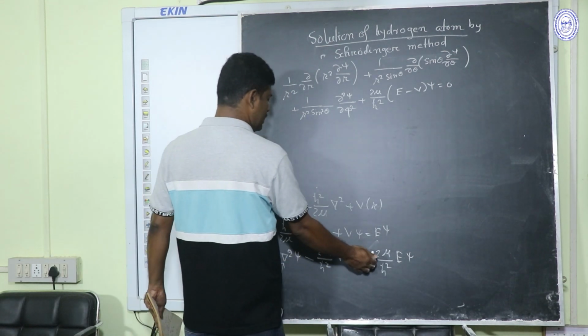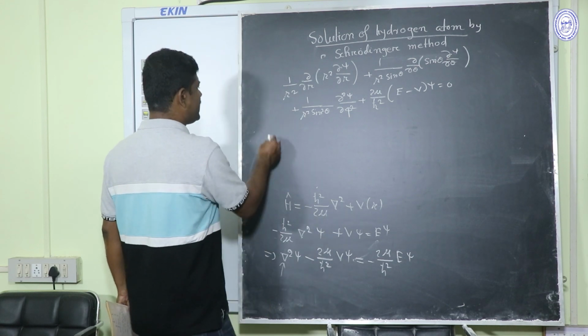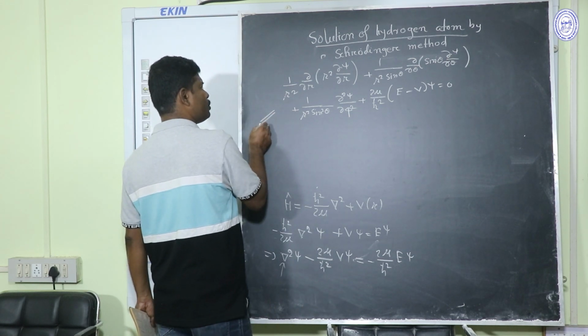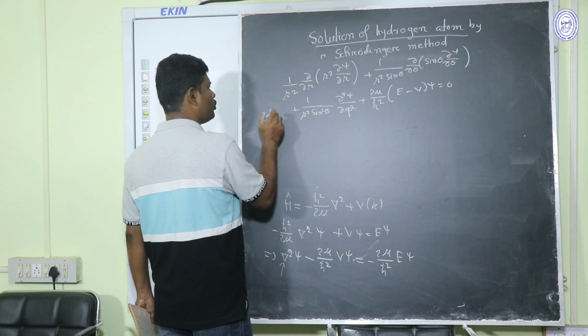We have taken this from the right side to the left side. So this is the expression of the Schrodinger equation for the electron in three-dimensional polar coordinates.